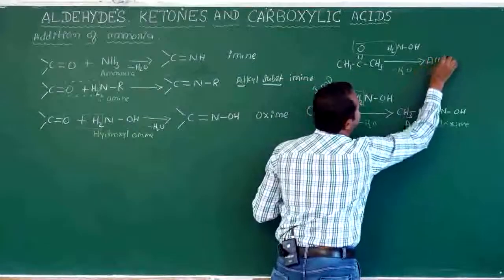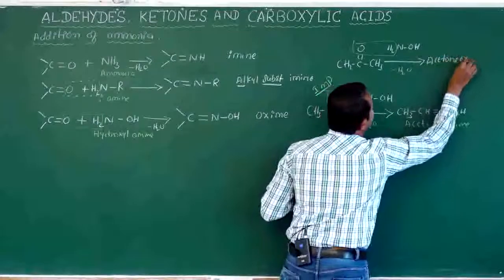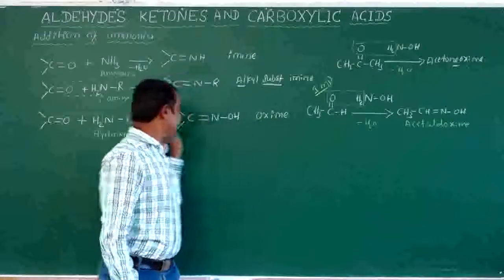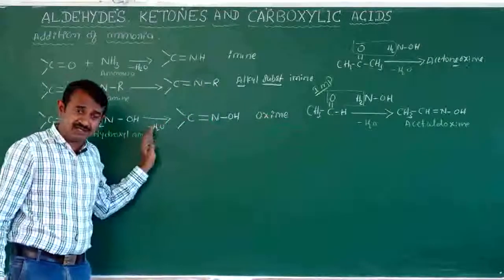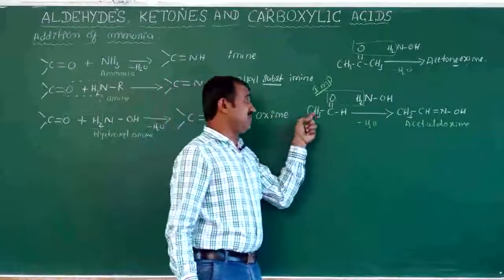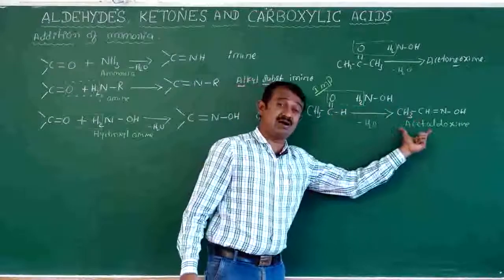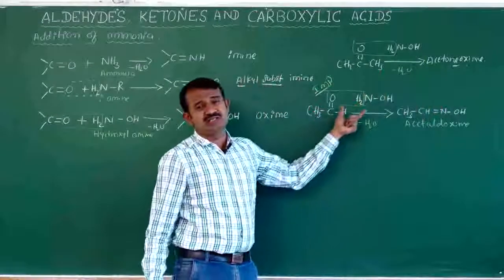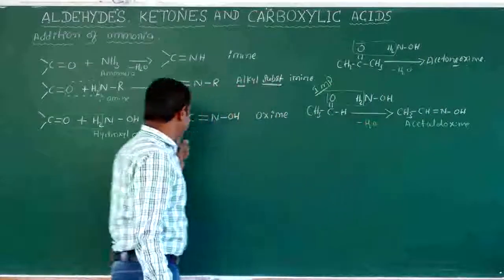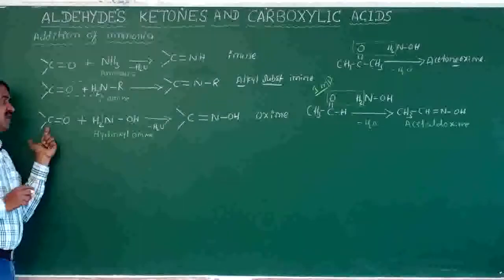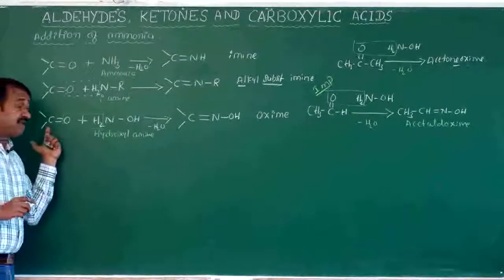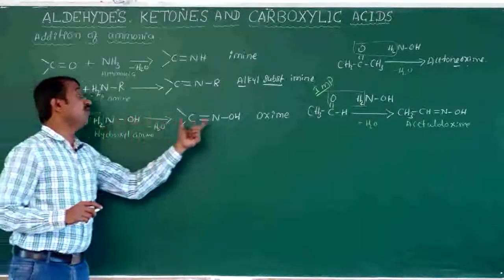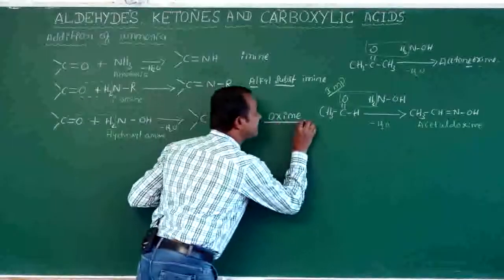The name is acetone oxime. If they mention acetaldehyde, you write acetaldoxime; acetone means acetone oxime; benzaldehyde means benzaldehyde oxime. This is one of the important reactions: whether aldehydes or ketones, reaction with hydroxylamine forms oxime.